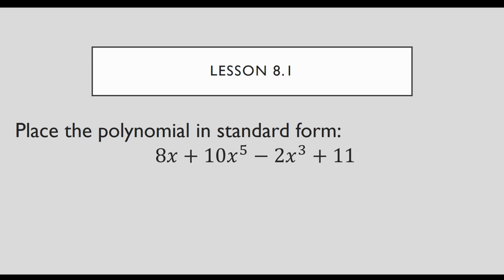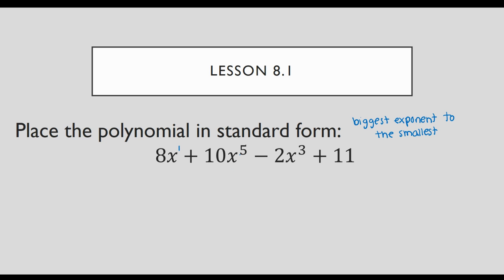Let's look at something else from that first lesson, 8.1, placing the polynomial in standard form. Remember, standard form means that I'm going from the biggest exponent to the smallest. So we're looking at variables and its exponents. Notice that the first term, 8x, really has an exponent of 1.